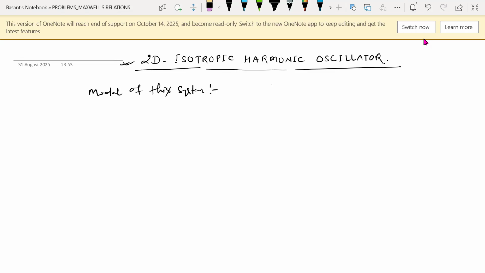There are two springs connected through one mass, a single mass body, and both springs have the same spring constant, that is K1 is equal to K2. Okay, this is the model.